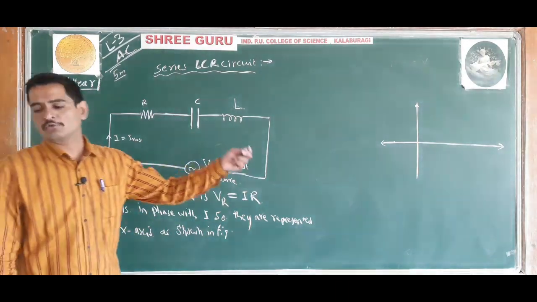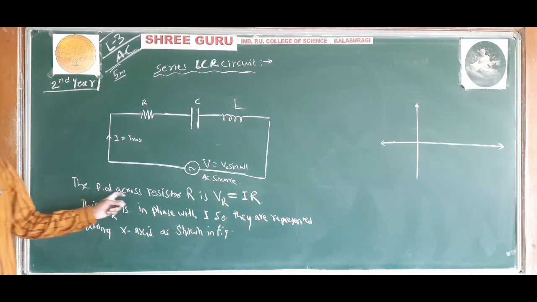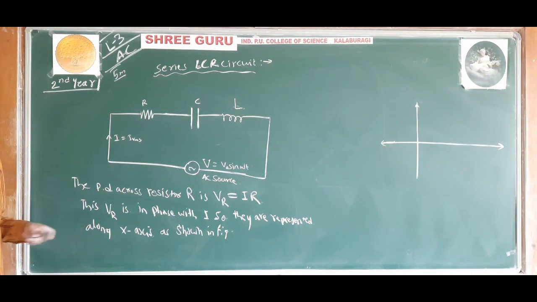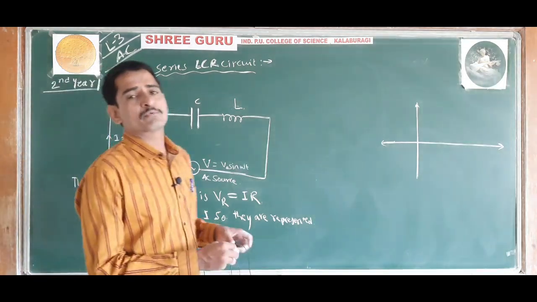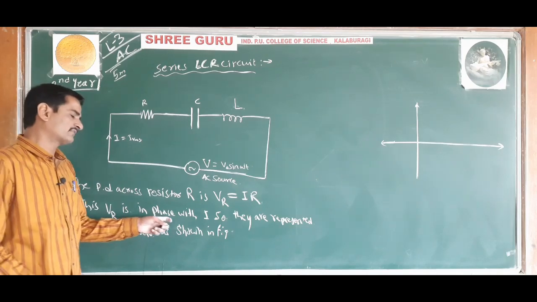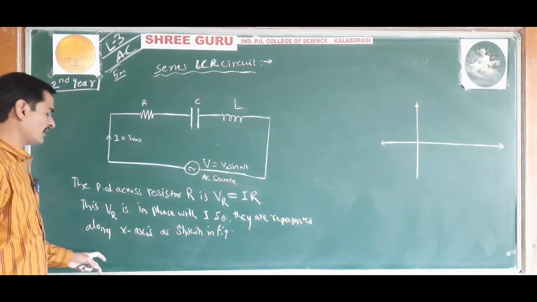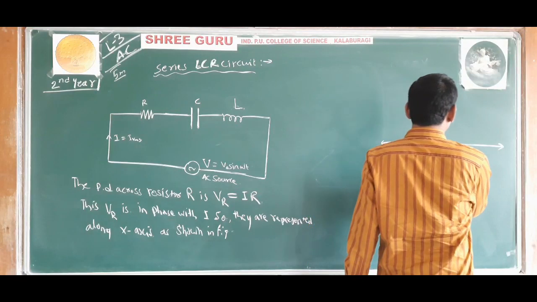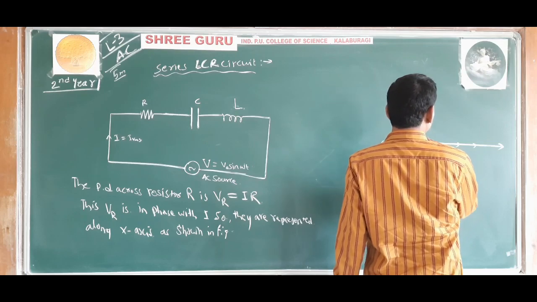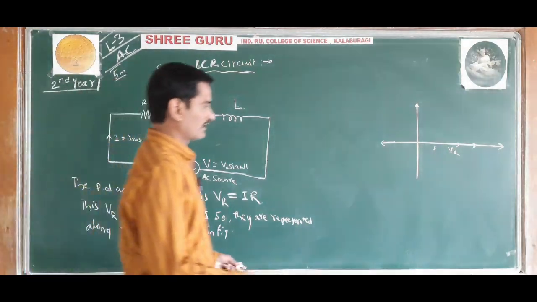First we calculated the potential difference across the resistance, VR is equal to I into R, and since it is in phase with the current, both VR and current I are along the x axis.